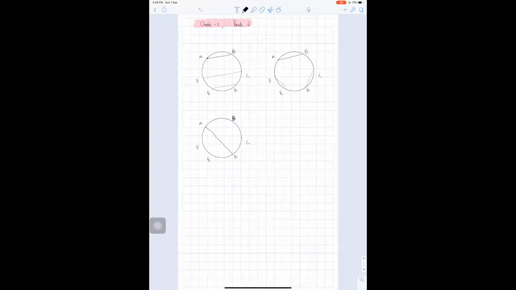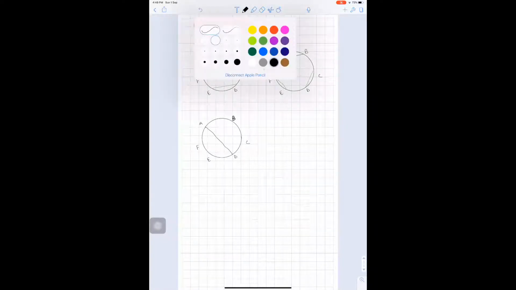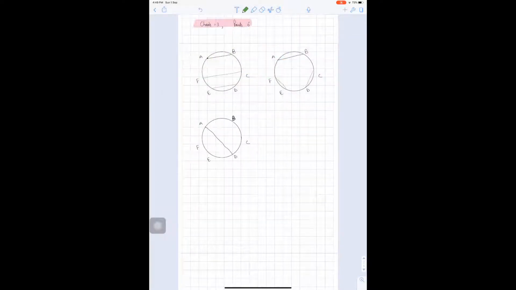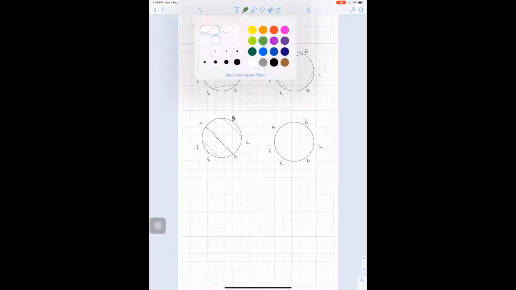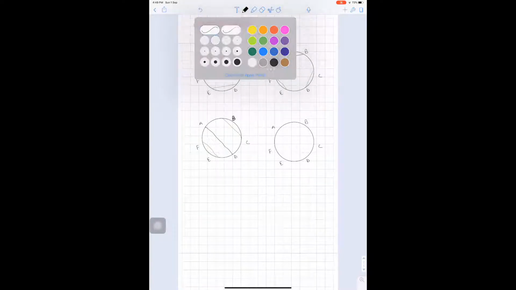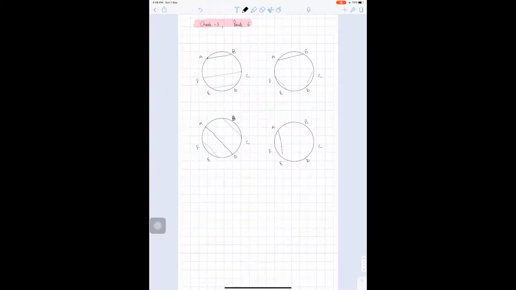So I'll quickly join it. Okay. Now quickly we can decide whether we can join A and E. If we join A and E, on the left there is 1, on the right there is 3, so there will be intersection. So no, we cannot join A and E.